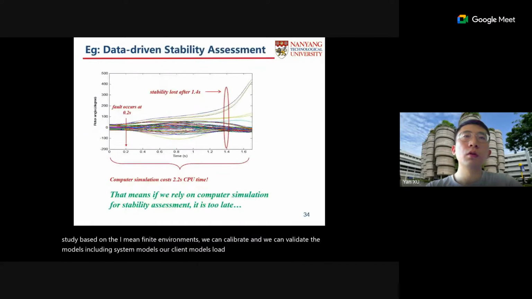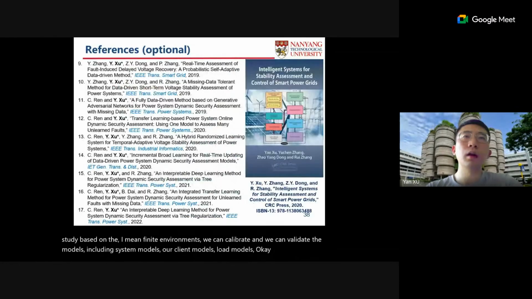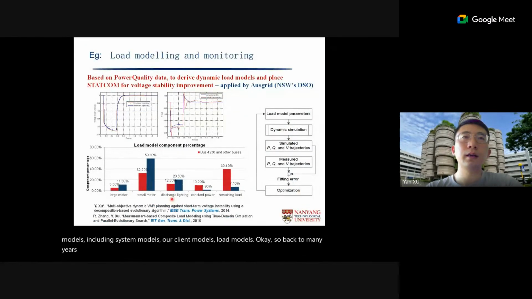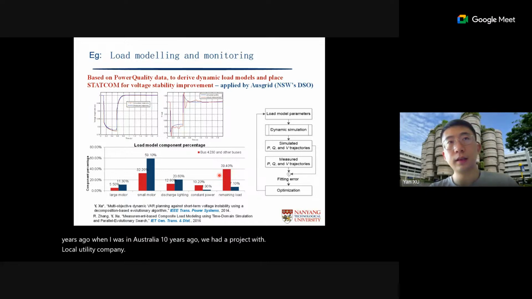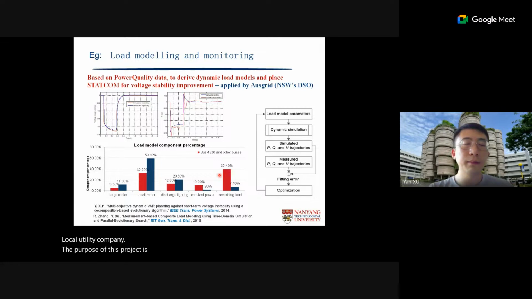Back to many years ago, when I was in Australia, maybe 10 years ago, we had a project with a local utility company. The purpose of this project is to estimate the models of their loads in an industry region. In that region, there are a lot of mining loads, mining motors.